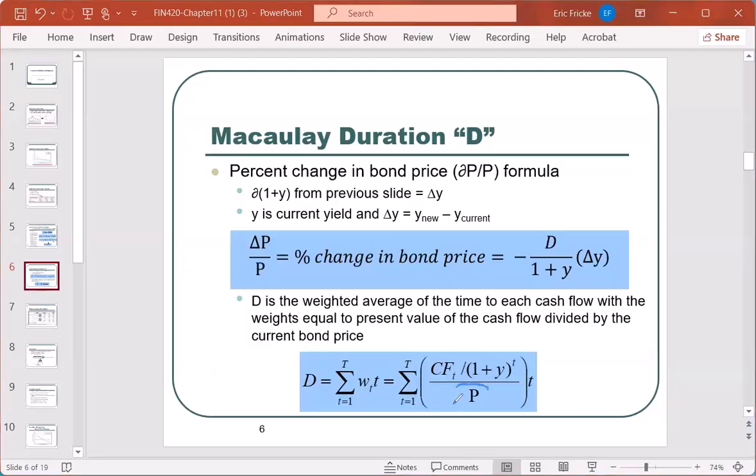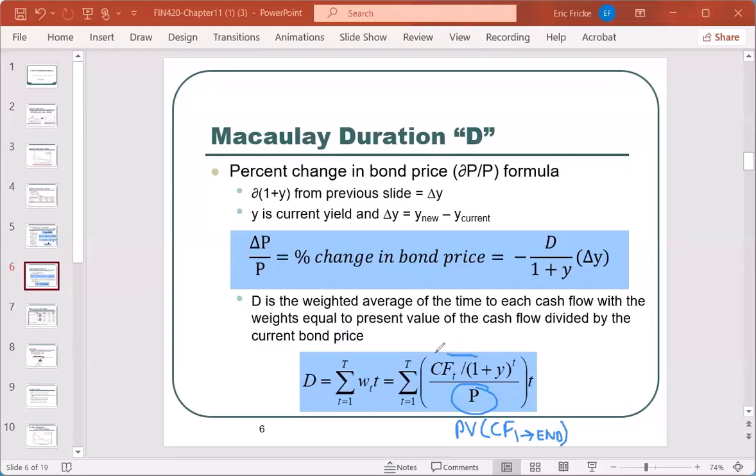This right here represents the present value of the total bond cash flows, right? If we took the present value of all the bond cash flows, that's how we get the price, basically.